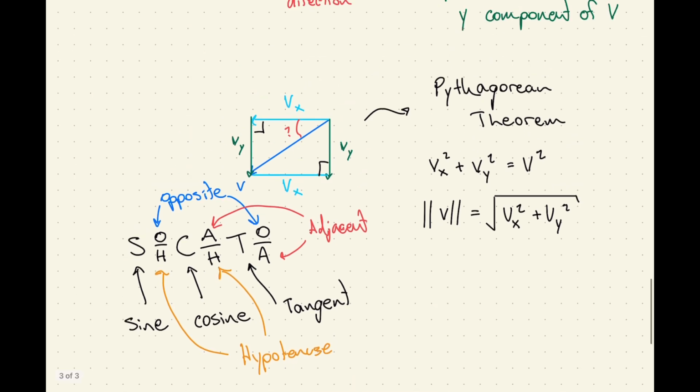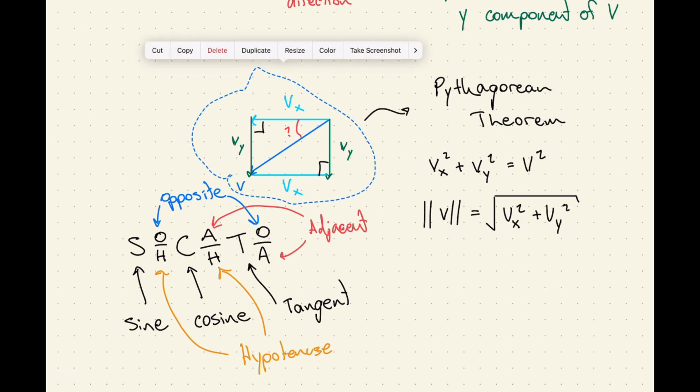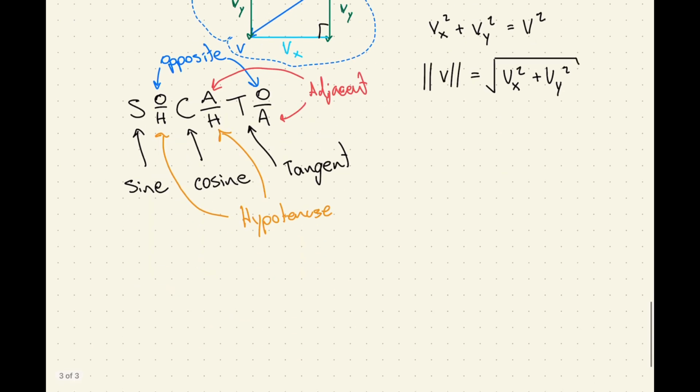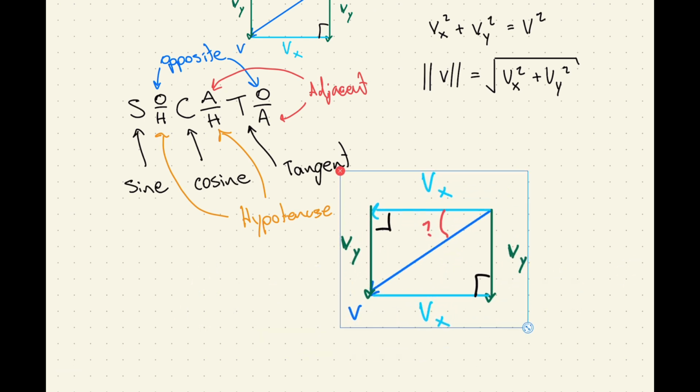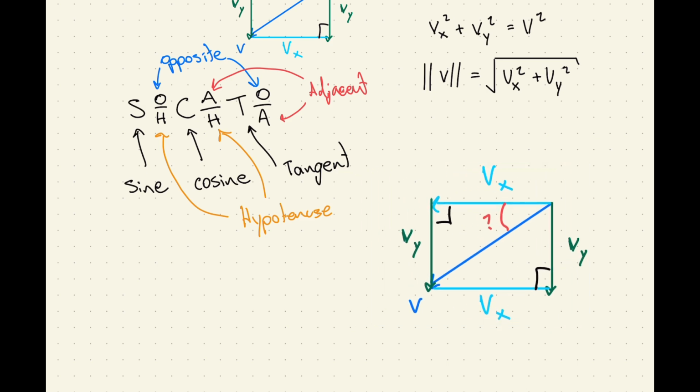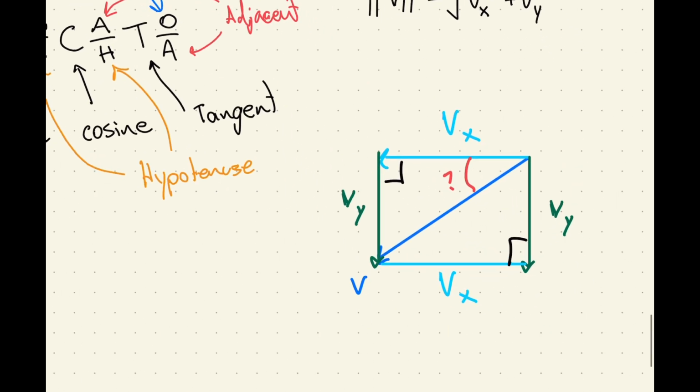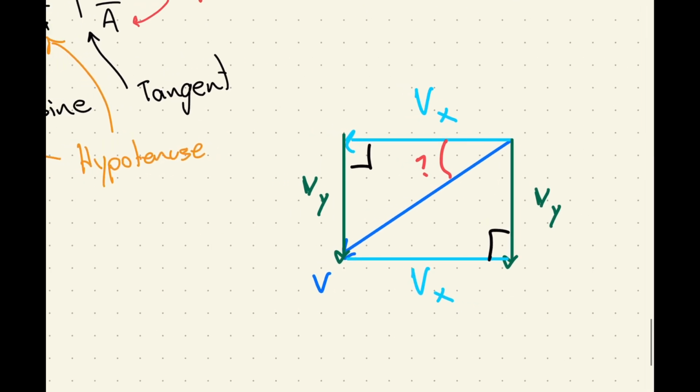Okay, so what you need to do is once you have a triangle like this, you must label which side is the opposite, which side is the hypotenuse, and which side is the adjacent. So I'm going to paste this right here, expand it a little bit, and I will write this in red. So if you take a look at this triangular setup, right, the hypotenuse is always the longest side of the triangle here.